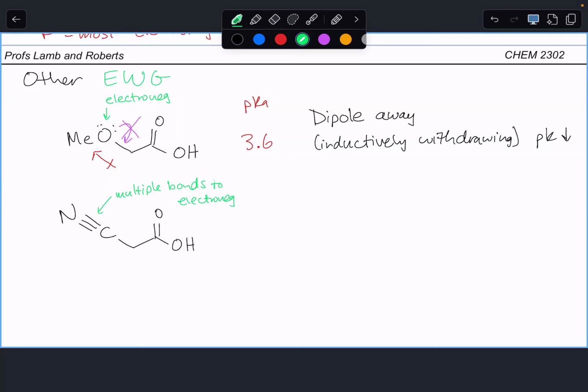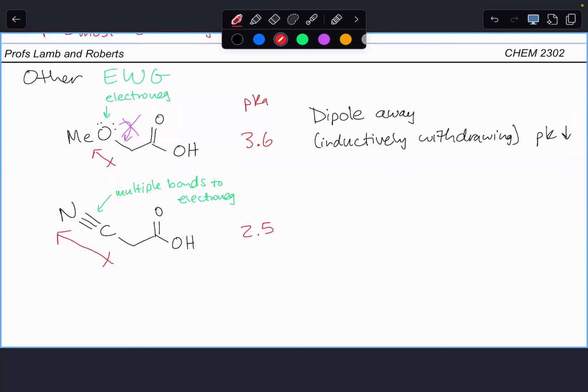So that means that that dipole is going to be even larger in that direction. So that will lower our pKa even more to 2.5. We've got this larger dipole equals more electron withdrawing, means that our pKa goes down even more. So this is related now to the alkenes and alkynes. We do not have an electronegative atom, but it will lower it relative to an alkyl, but not as much as if you had a heteroatom.